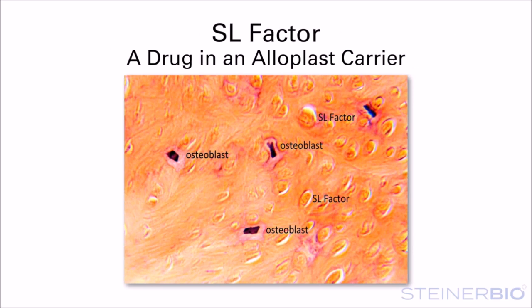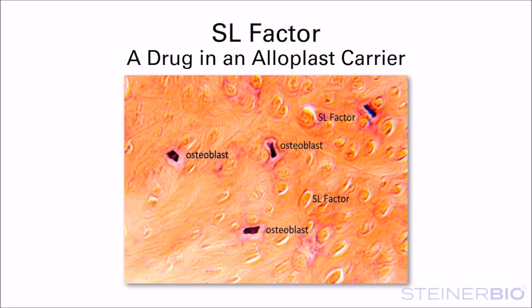What we have here is histology of our graft material in an extraction socket. And what happens when you put our graft material in an extraction socket? The osteoblasts that are in the surrounding bone crawl into our bone graft material, and you can see the osteoblasts on this side. The orange material that the osteoblasts are crawling in is our alloplast.